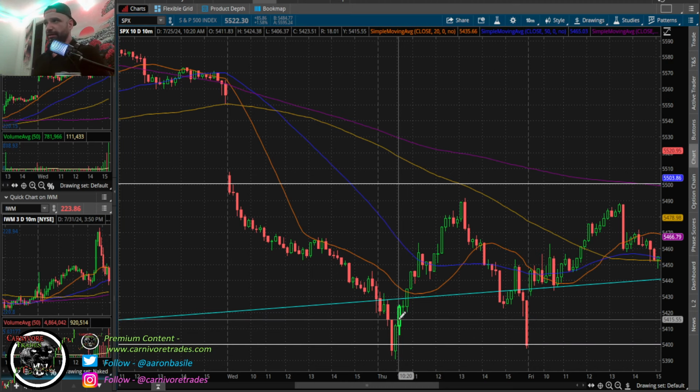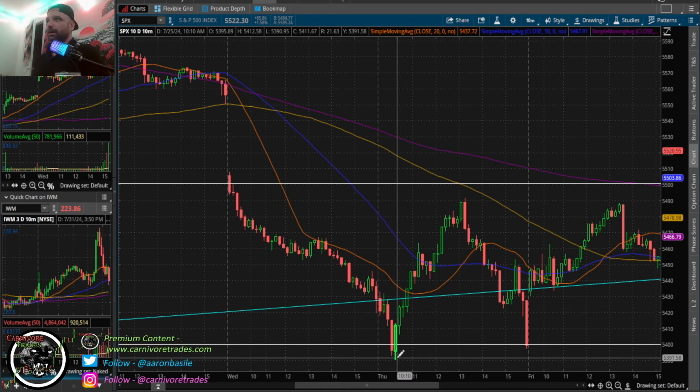Based off of the 10-minute time frame, and we could use different time frames as you want, this is the candle where, as per the close, this became a false breakdown. We pierce support 54, we go down to 53.90, almost exactly to the tick, and we rally back above it.